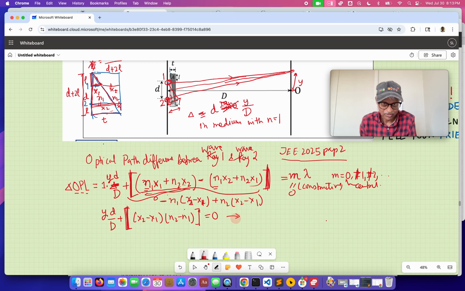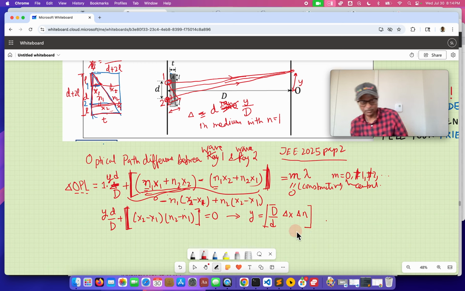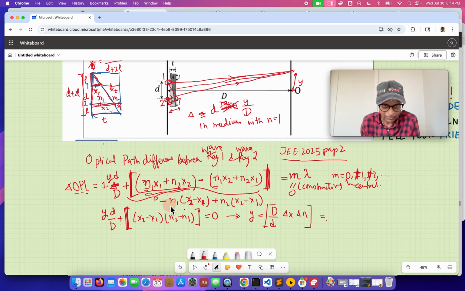If you want plus or minus here, just to make it an absolute value, it doesn't matter. So y will be d over D times delta x delta n. We're just looking at the positive part, but the way we have written it down here, if you want to carry the sign, that's okay.